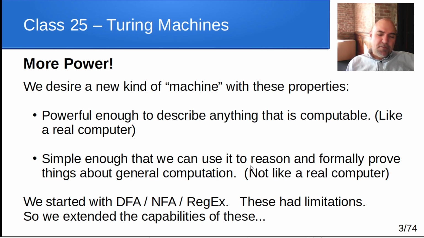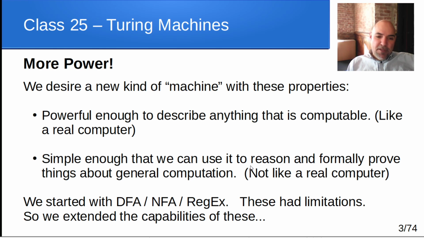And then we also want something that's simple enough that we can use it to reason and formally prove things about computation. So we want something that is not complicated like a real computer system, that's a simple model, works like a DFA or NFA, but has more power to represent anything that's computable.